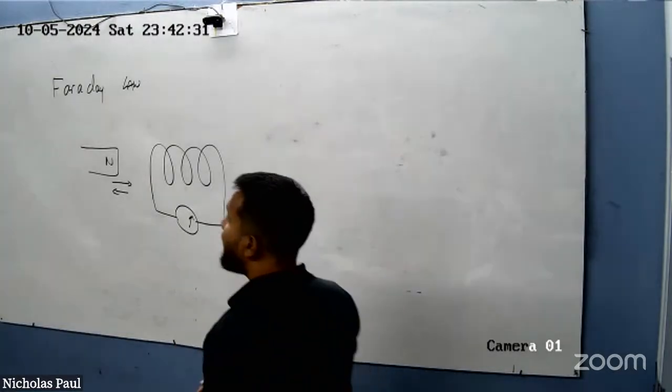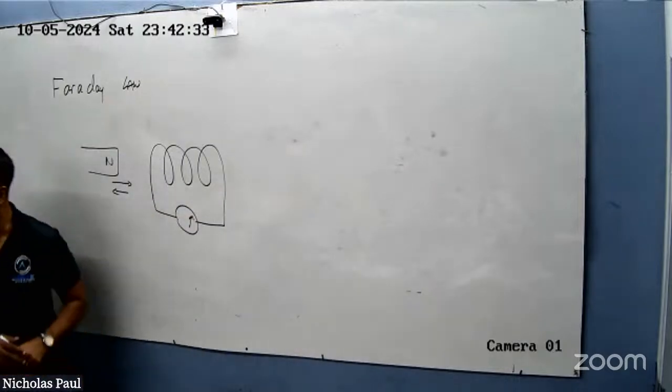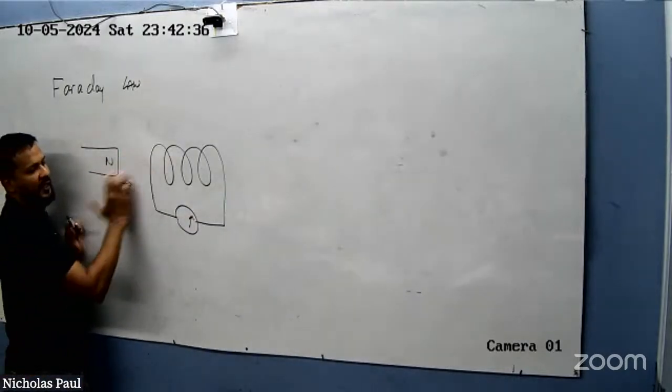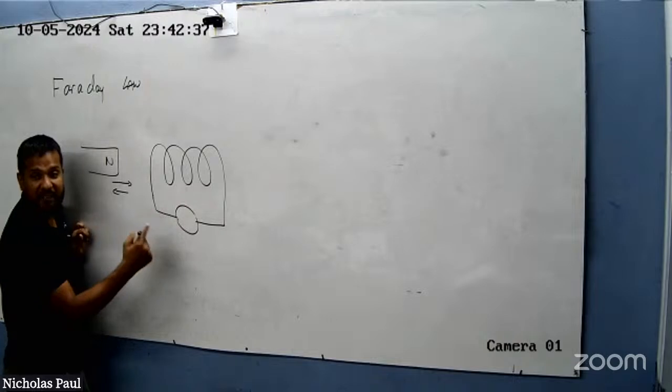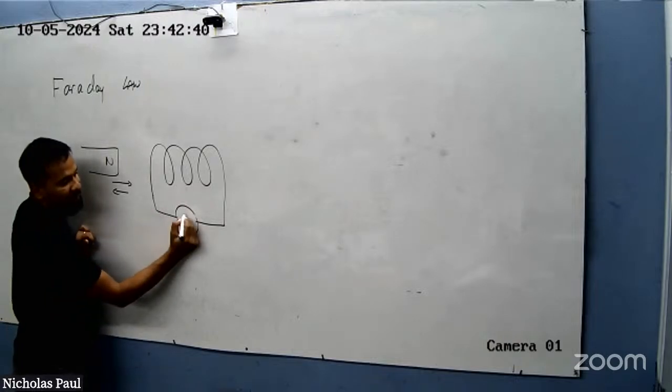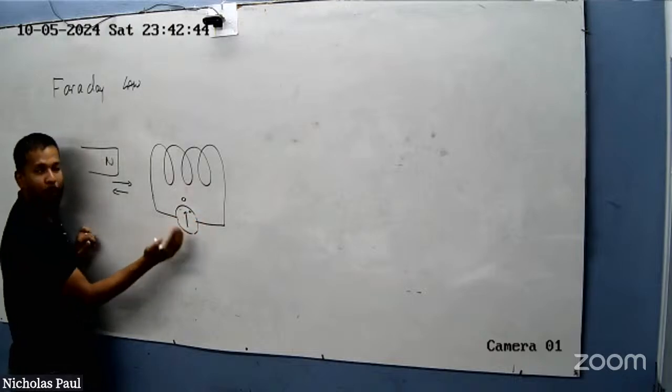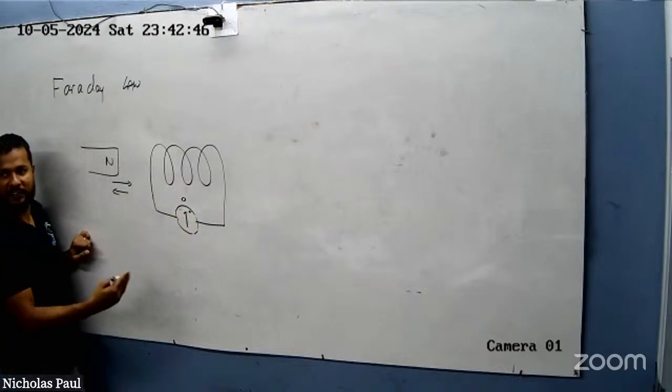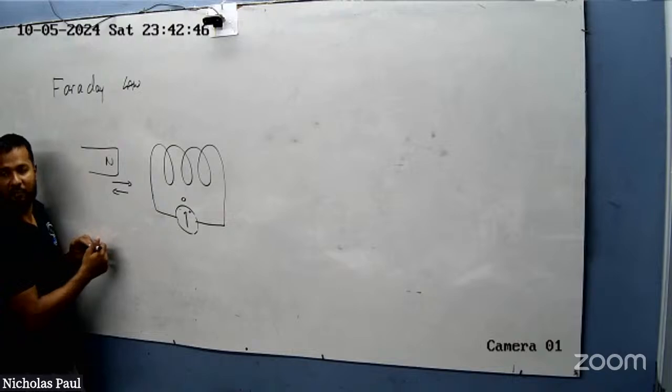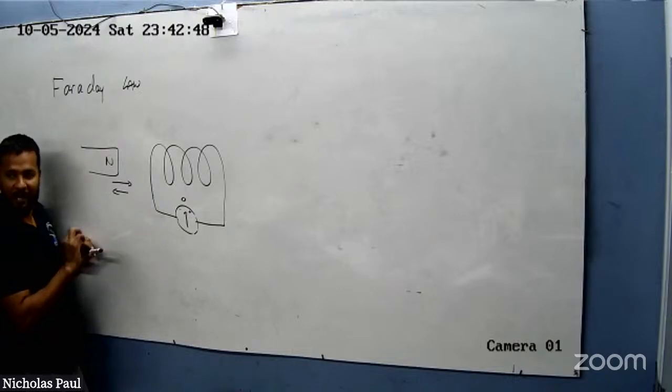Right? So again, the faster I move this in and out, the bigger is the deflection. Remember, this is a galvanometer, right? So a galvanometer tells us how big the current is and what sign the current is. The galvanometer does not tell us the actual value.